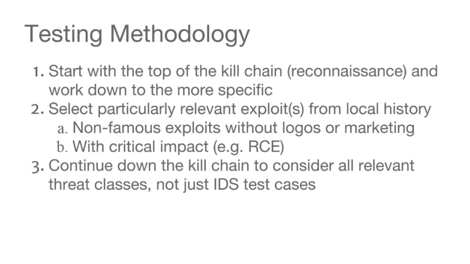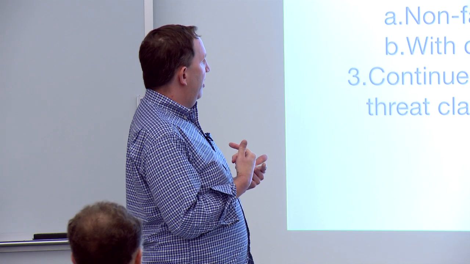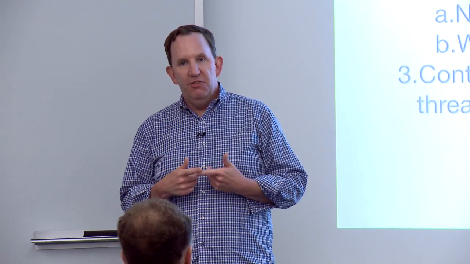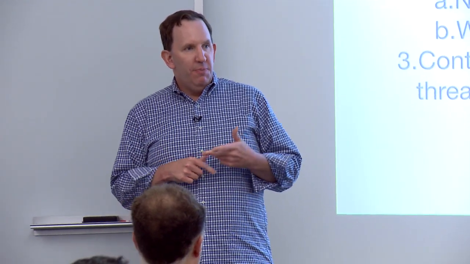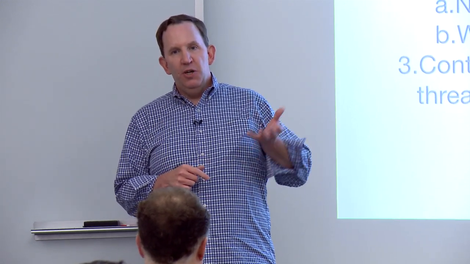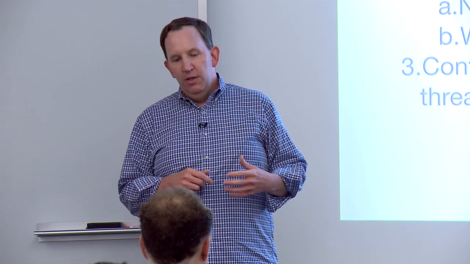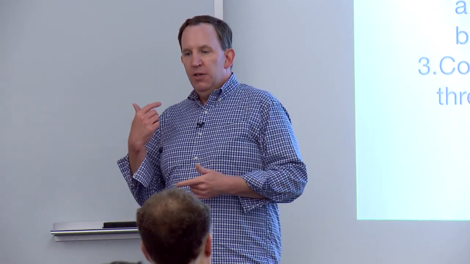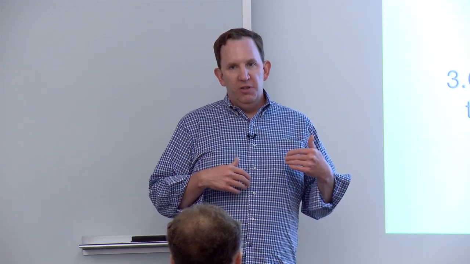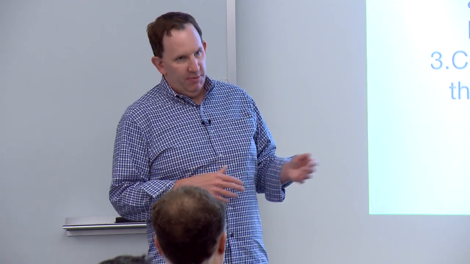Everything was real-world test cases with real-world exploits. Look for vulnerabilities or exploits that came out of your vulnerability scans or pen test history that were used by pen testers successfully. But look for things that could have had critical impact but that you didn't read about in the news. They weren't things like Shellshock, Heartbleed, et cetera, because the IDSs are always going to detect those because they're famous, and so those go to the top of the priority list for engineering teams.